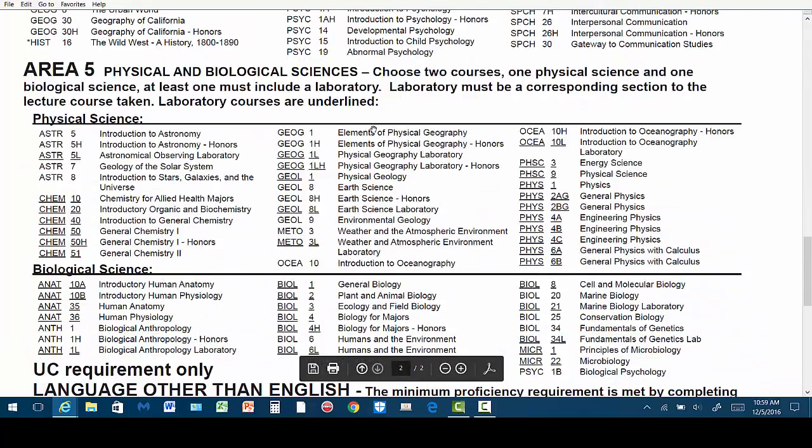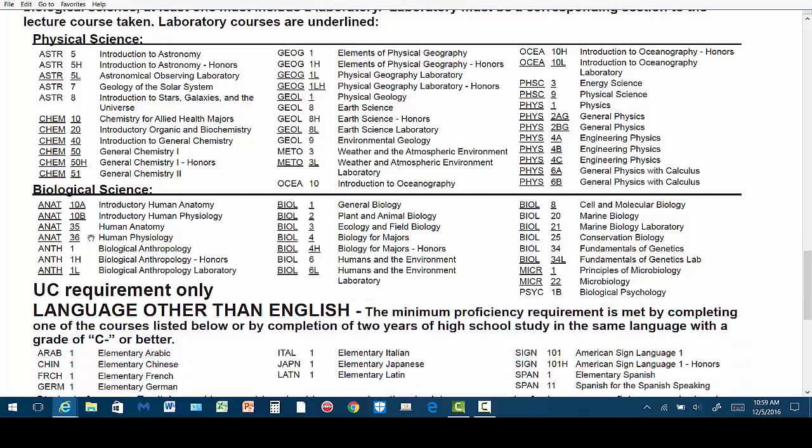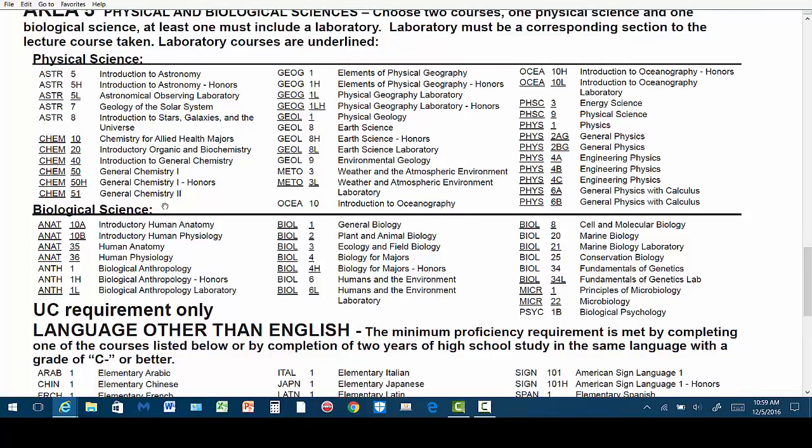Area 5, physical and biological sciences. According to instructions, 2 classes must be chosen. 1 class from physical science and the other one from biological science. Remember that one of the 2 classes must have a lab.